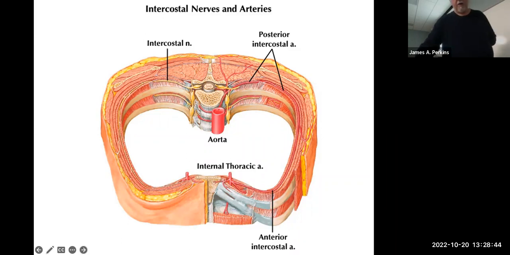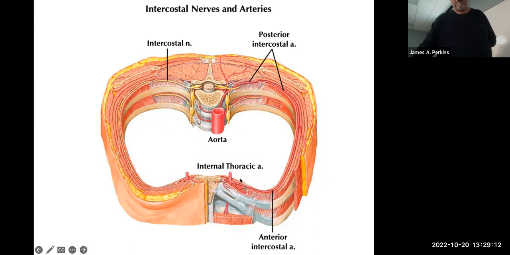Now here in the front of the body, we have that internal thoracic artery that I was just talking about. There's one on the left side and also one on the right side. These are branching off of the subclavian arteries way up high at the upper part of the thorax. The internal thoracic arteries are giving off smaller branches called anterior intercostal arteries.